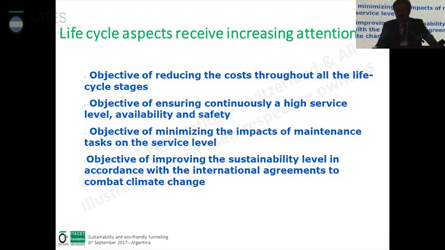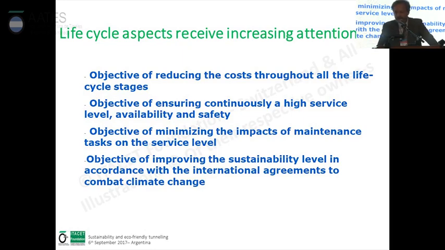The objective is to think from the beginning how to reduce the cost throughout all the life cycle stages. It's how to ensure a very high service level, but also availability and safety, and of course with the lowest cost possible.